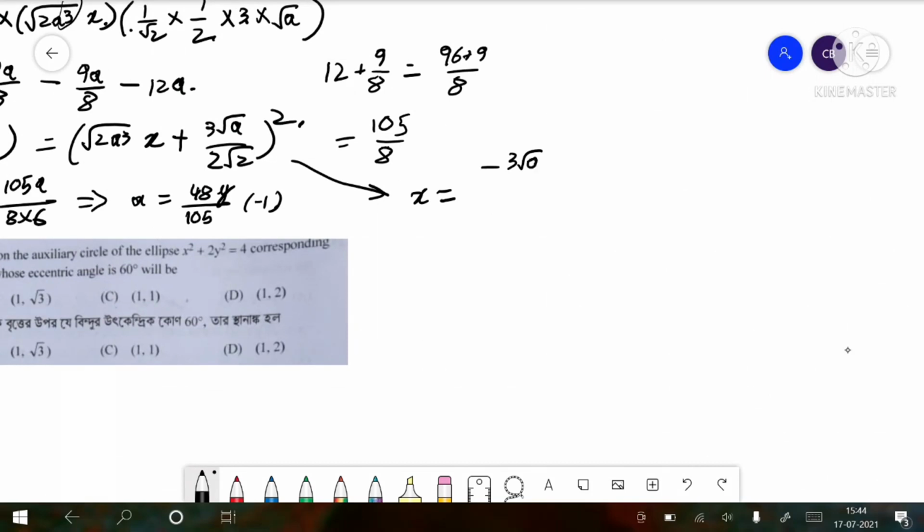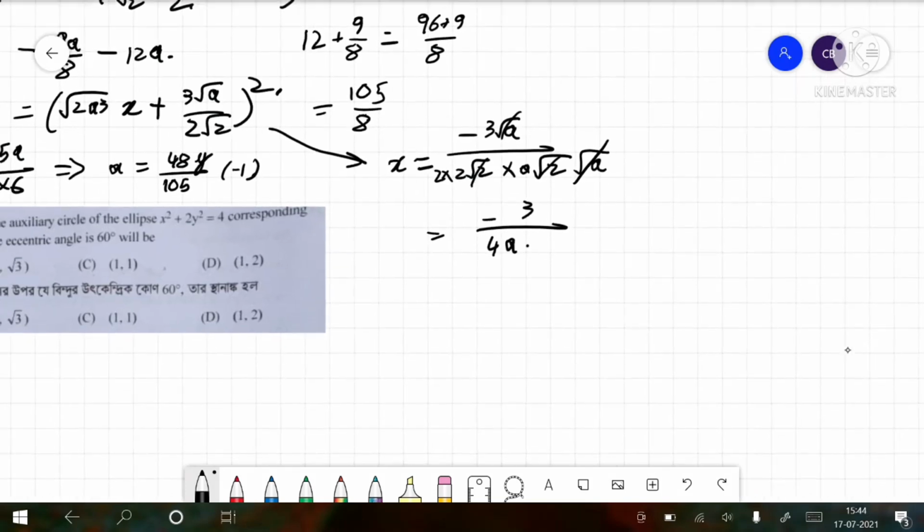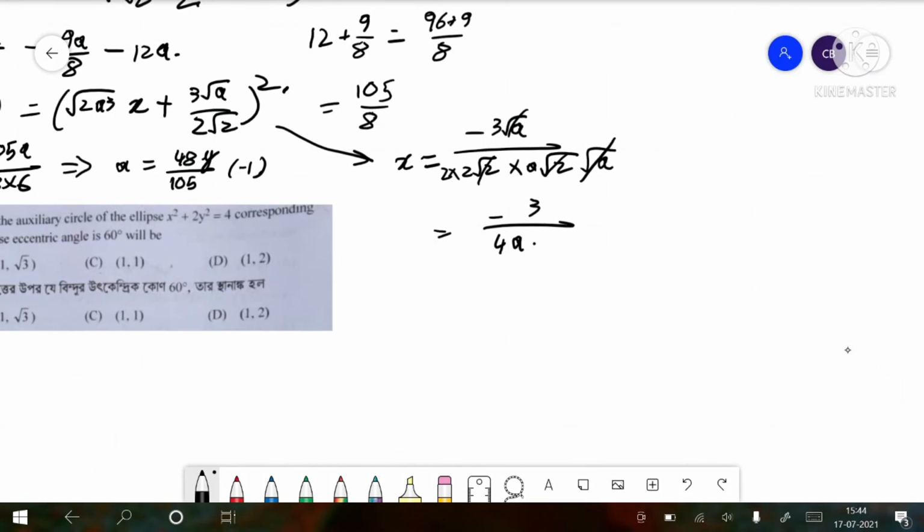And from this we can say that x is equal to minus 3 root a divided by 2 root 2 times a root 2 root a. So root a cuts out, root 2 gives us another 2, so that is minus 3 by 4a. Now we can replace the value of a from this equation. Putting this, we see x is equal to 3 by 4 times 48y, 3 times 105.